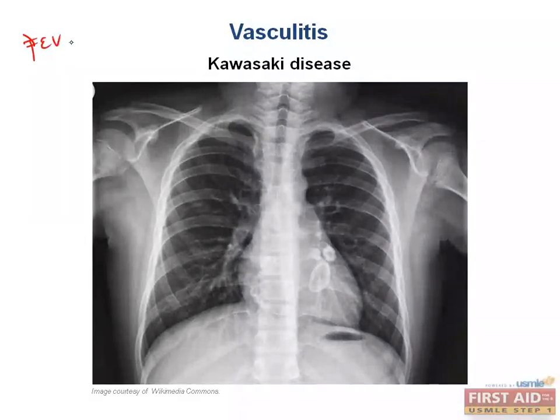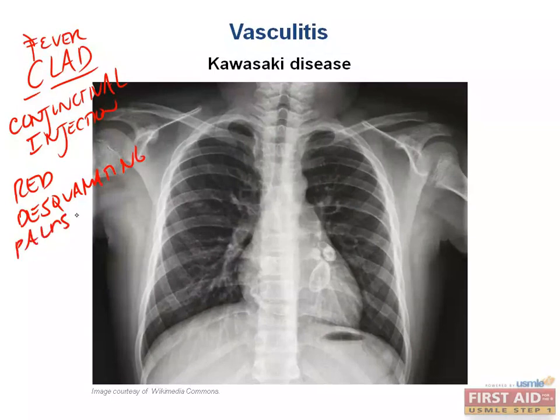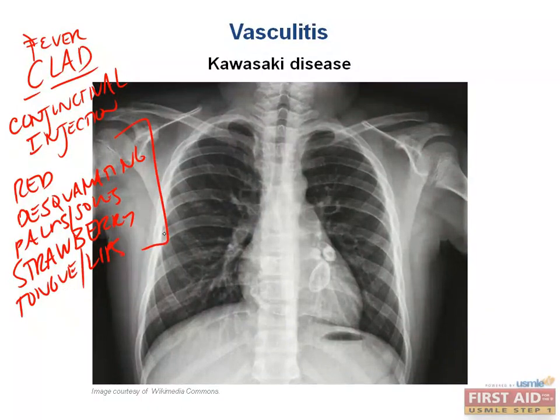So your patients classically present with fever, cervical lymphadenopathy, so C is for cervical, LAD is lymphadenopathy, conjunctival injection, or very, very red eyes, and also a look that they are very watery, and a red desquamating rash on the palms and soles, in addition to mucocutaneous involvement, so mucous membrane involvement, and skin involvement that includes the definition of a strawberry-like presentation of the tongue, and also very, very red lips. This is the mucocutaneous involvement, again also including the conjunctiva.